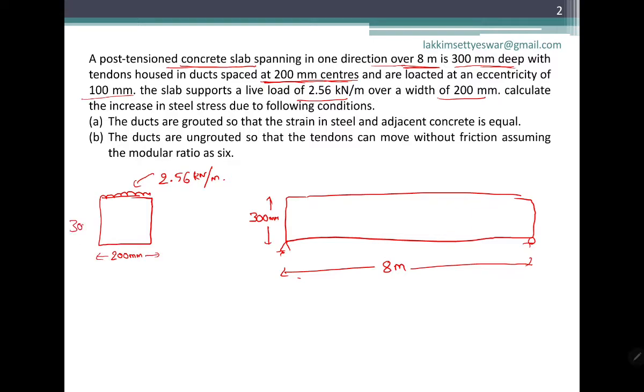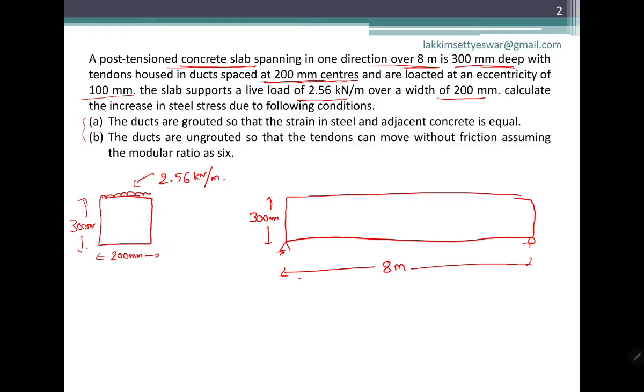Depth is 300. The live load is 2.56 kilonewton per meter. Now we need to calculate the increase in steel stress due to these two conditions.